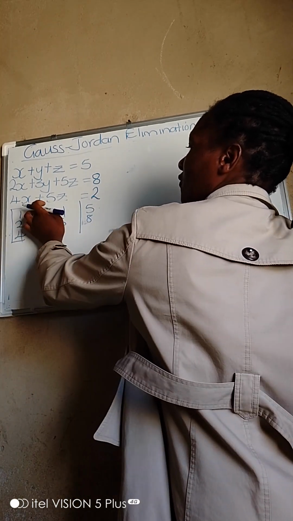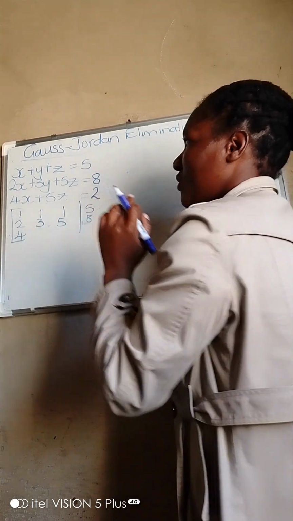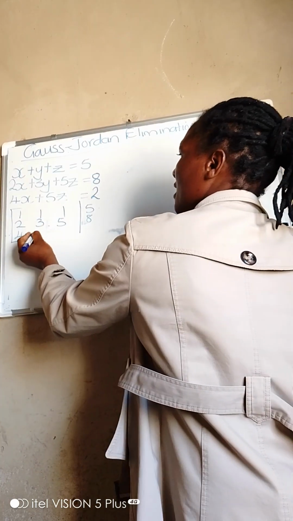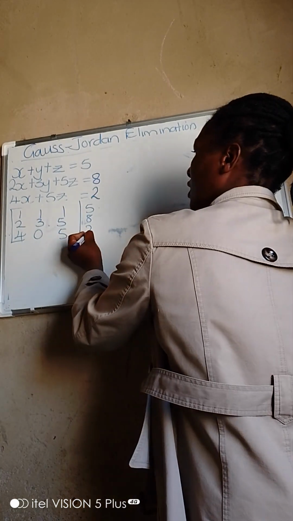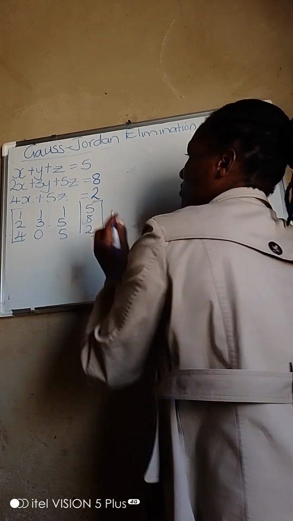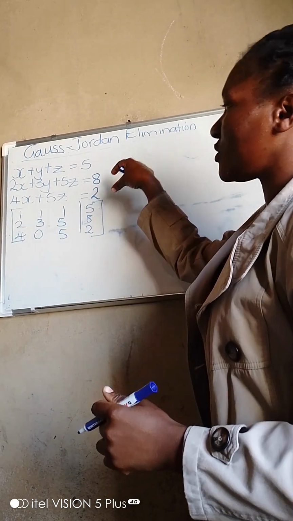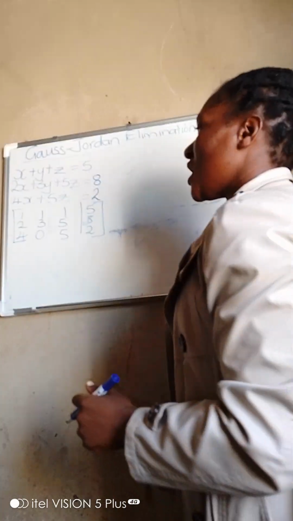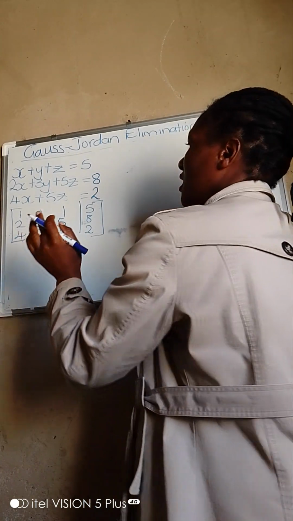For coefficient of y, we don't have a term in y there, so it's 0, 5, 2.